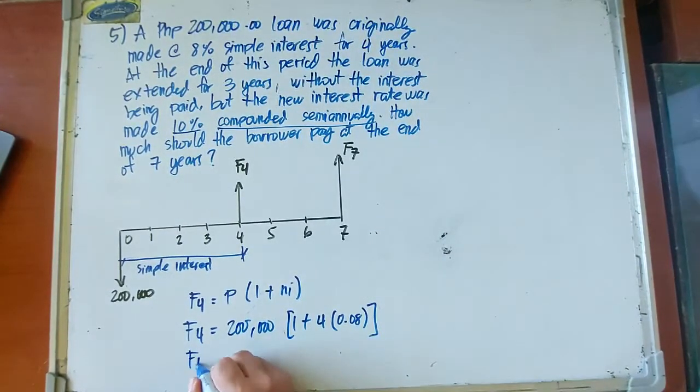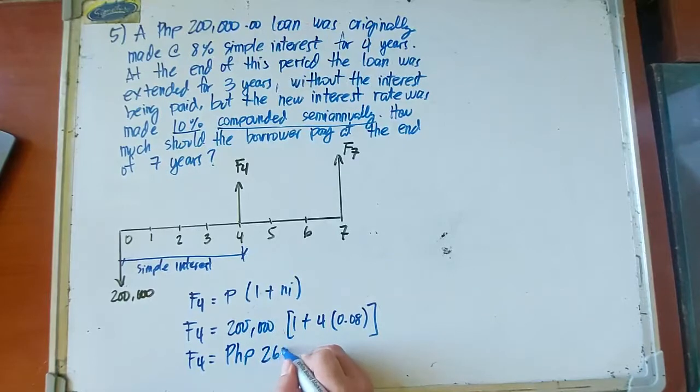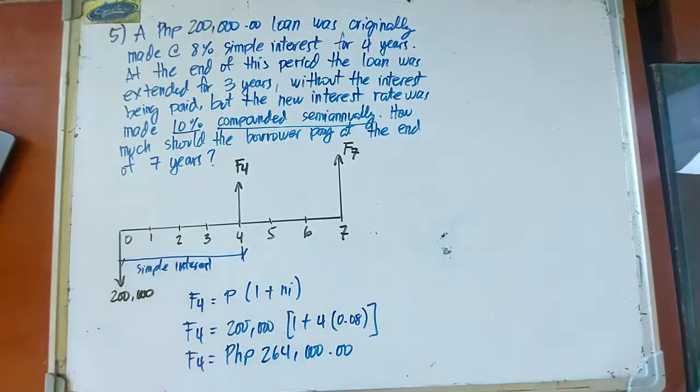The amount after 4 years is 264,000. Initially we have 200,000, so after 4 years there is an interest of 64,000. So 200,000 became 264,000 at 8% simple interest for 4 years.